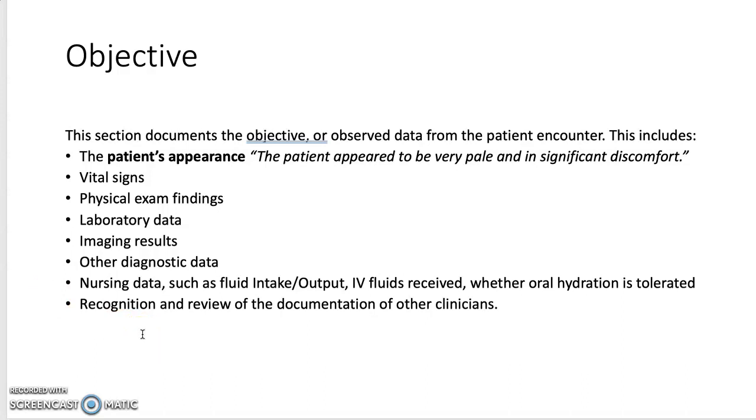Documenting on the patient's appearance from your perspective should be put under the objective section with evidence to back up your observation. So if you're going to document the patient's appearance, the patient appeared to be very pale and in significant discomfort. That's an objective finding.